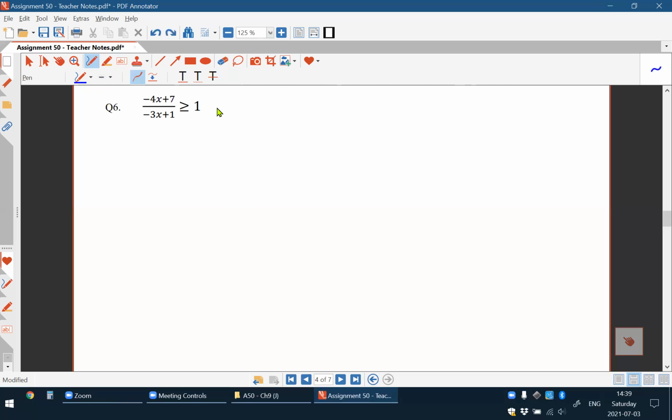So let's have a look at this. Okay, the original inequality is equivalent to, of course, first step is to rewrite the expression like this and use a common denominator, right? Okay, so the first 2 steps are actually the same.